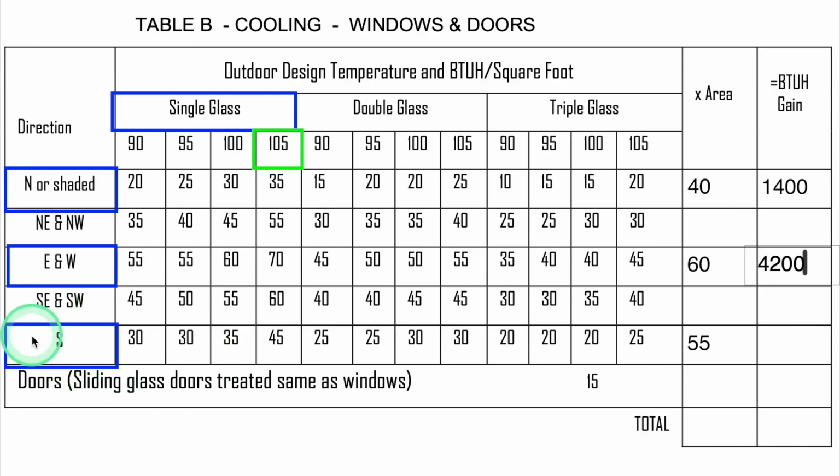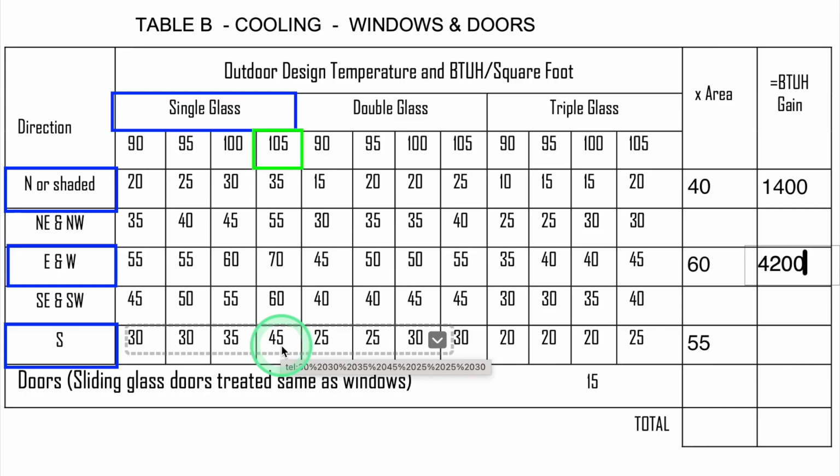Let's calculate our south facing wall windows. So we're going to go 105 in our single pane glass windows, 105 degree outside design temperature. Follow that column down and take the south facing wall section, follow that row, and that gives us 45 BTUs per hour.